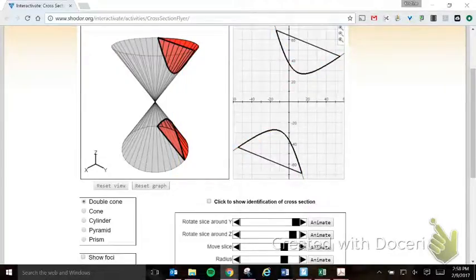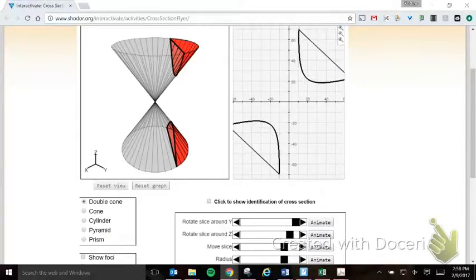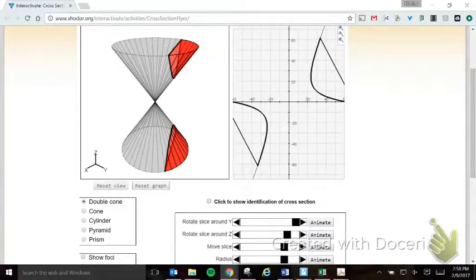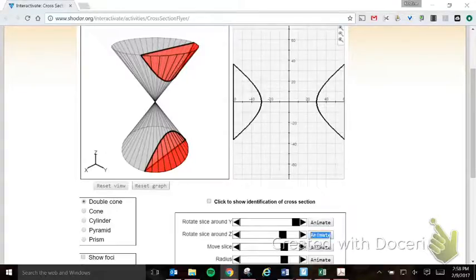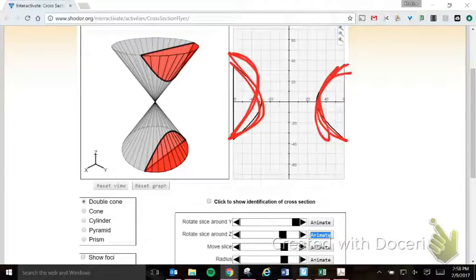I'm going to move this just a little bit so it's easier to graph. A hyperbola is what occurs when we slice both cones. It's like two parabolas basically.